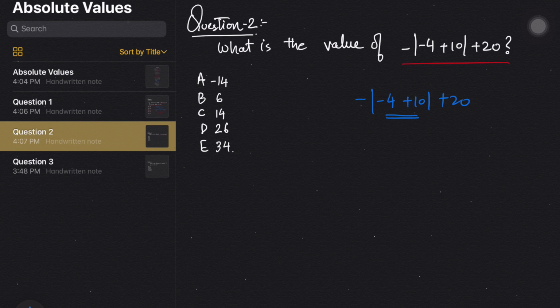We can read this as 10 minus 4 instead of minus 4 plus 10, and that gets us a 6, a negative waiting outside, and then to the whole result we have to add 20. So this thing will get you a minus 6 and 20, because 6 only gets out of the absolute value and there is a minus waiting outside, and hence the result will be a 14. So again the same thing, it can't be any other answer choice but 14.